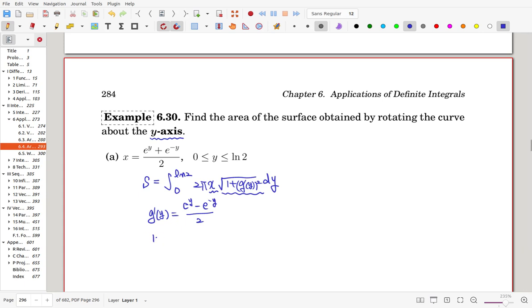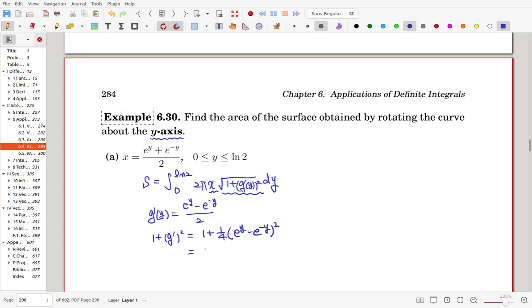Now 1 plus g prime squared is the same as 1 plus, okay, half will go out, 1/4, and now e to the y minus e to the minus y squared.